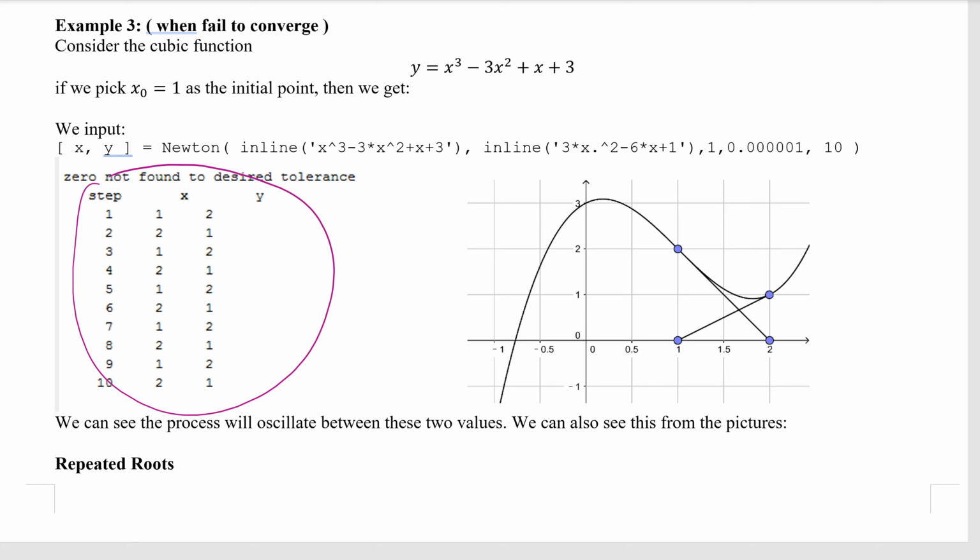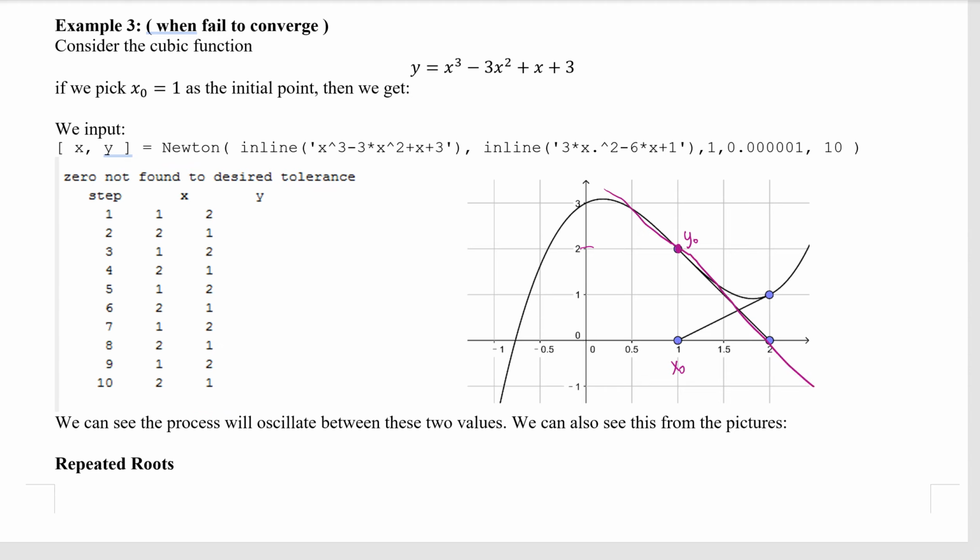What happened? You see? 1, 2, 2, 1, 1, 2, 2, 1. It just flips back and forth. And why is that? Look at this picture. So we are at 1, right? So x0 is 1. Then this is our y0, which is 2.